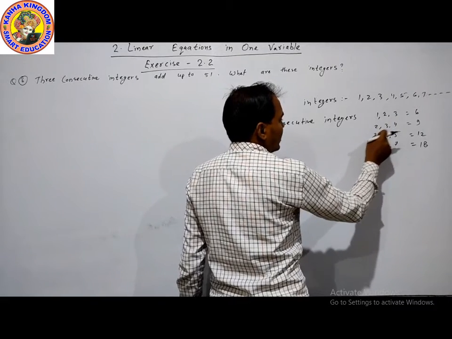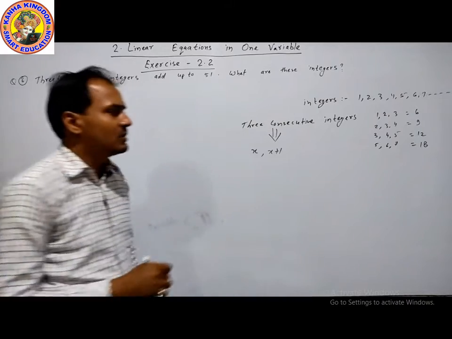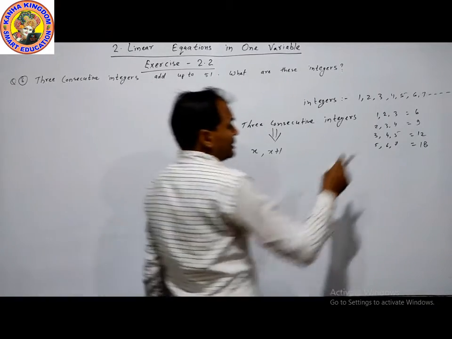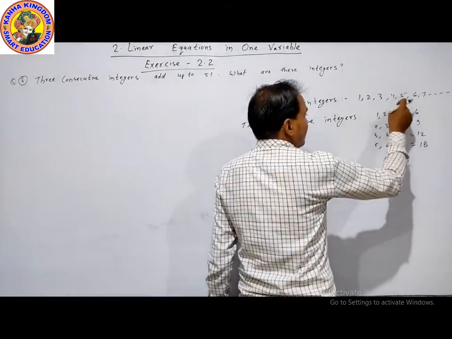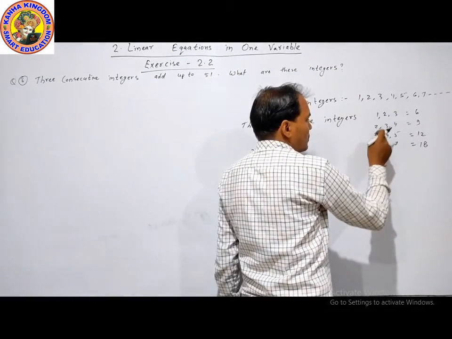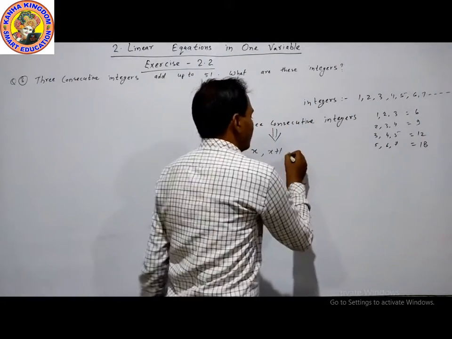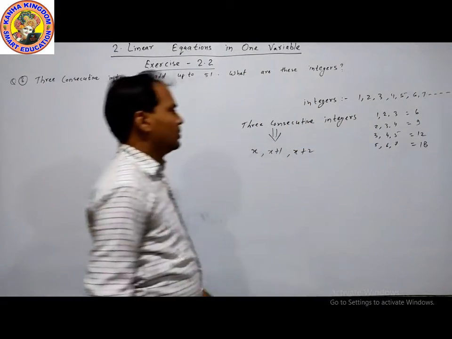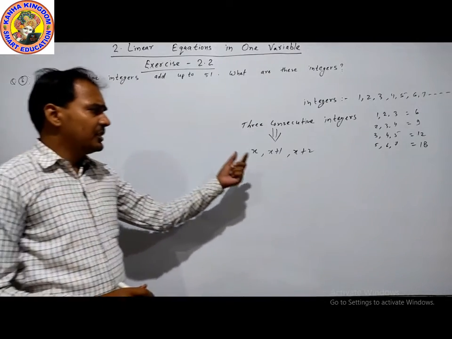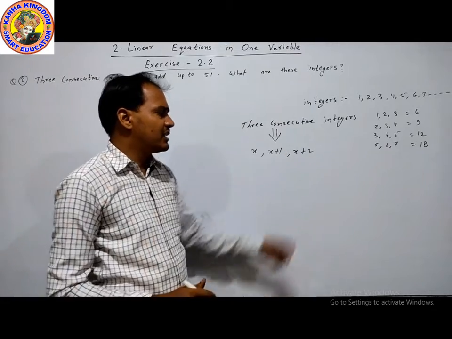The third number is x plus 2: 1 plus 2, 3; 2 plus 2, 4. So remember that 3 consecutive numbers will be x, x plus 1, x plus 2.